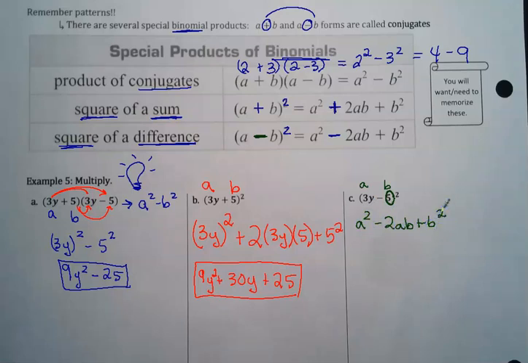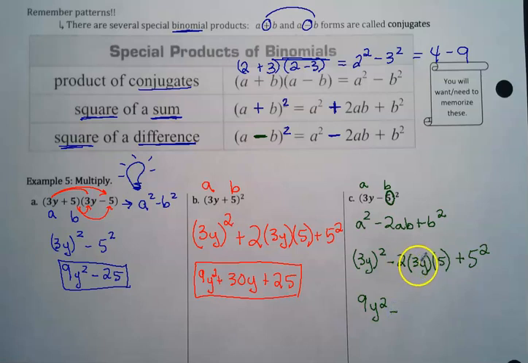Maybe it'll be better if I write it there. Our A is 3y, so we're going to take 3y and square it, minus 2 times our A term, which is 3y, times our B term, which is 5. And you might already see a pattern here. But plus our B term, which is 5, and we square it. So 3 squared is 9, y squared is y squared, minus 2 times 3 is 6, 6 times 5 is 30, so we have minus 30y, plus 5 squared is 25.